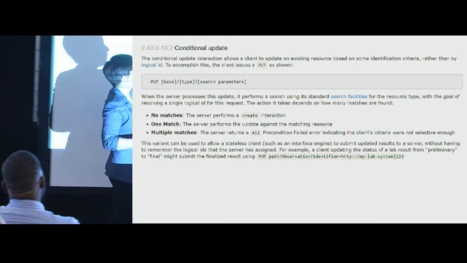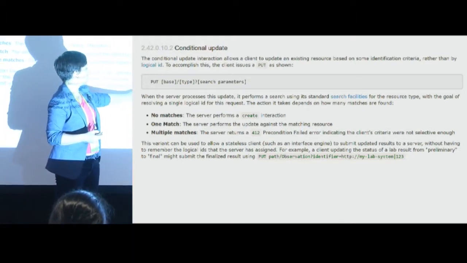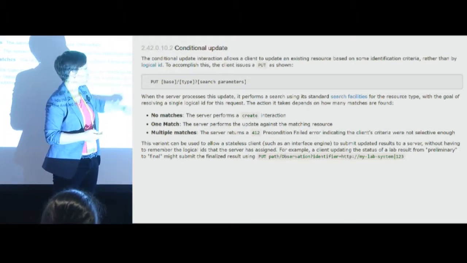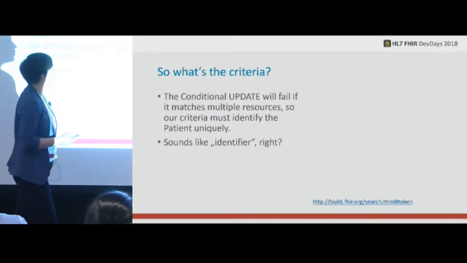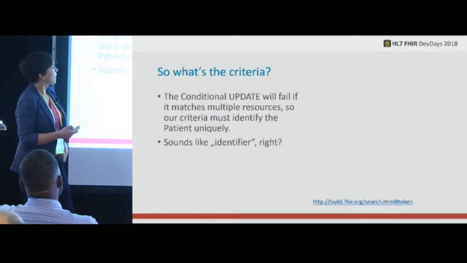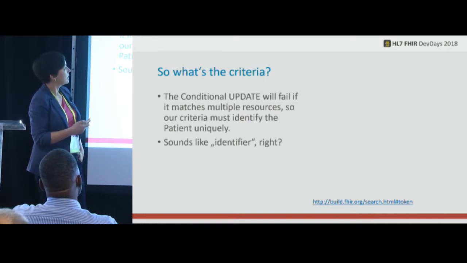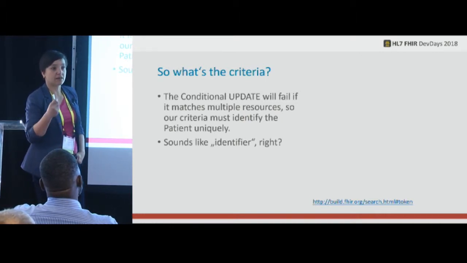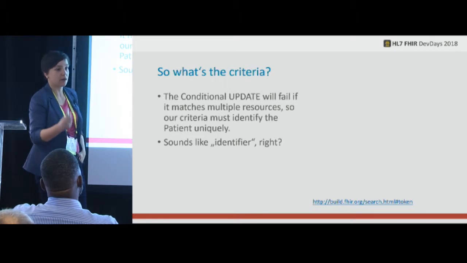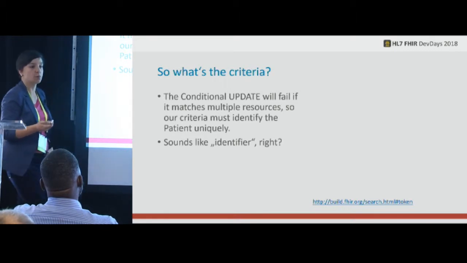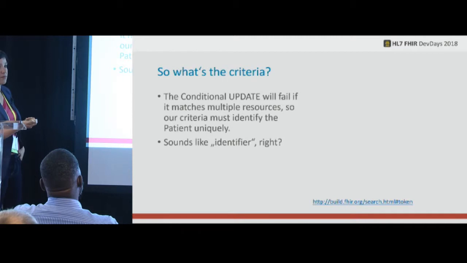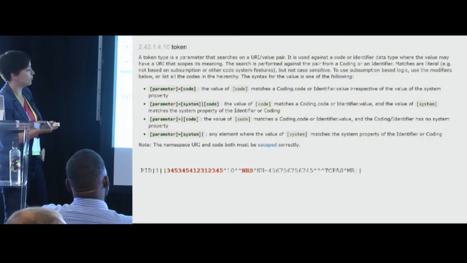We would put to the patient question mark, our criteria would be the identifier that we have in the version 2 message. But what exactly would the identifier look like? We need to have a criteria that is as unique as possible, and the only thing that we have in the V2 message is probably this kind of business identifier that's usually pushed around in the V2 message.